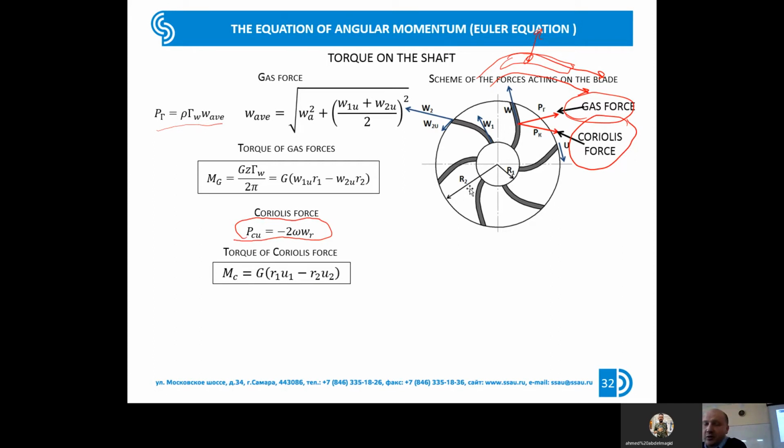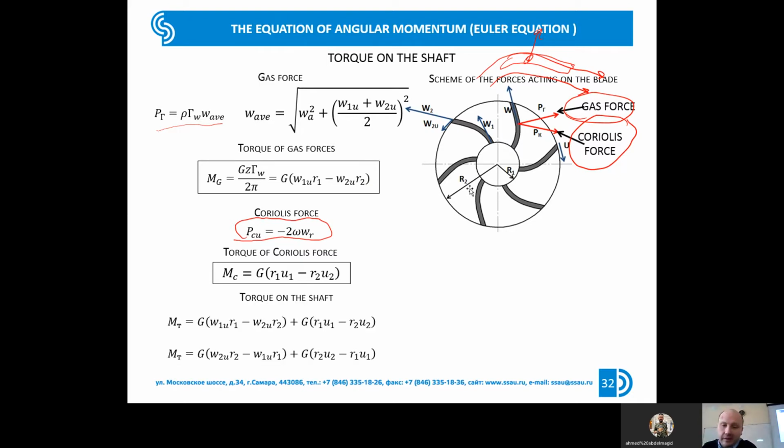So we have only two kinds of forces, and that's why to calculate the torque we need to use these two equations, and finally we receive two relationships for calculating the torque.